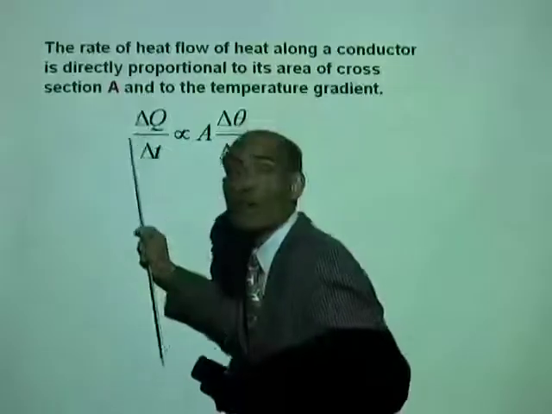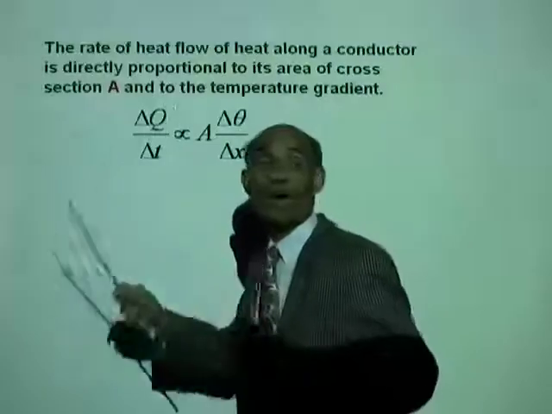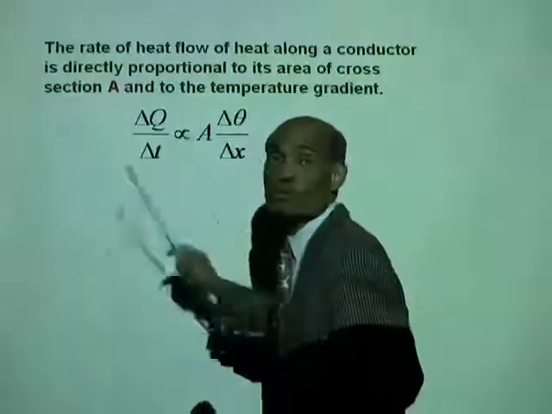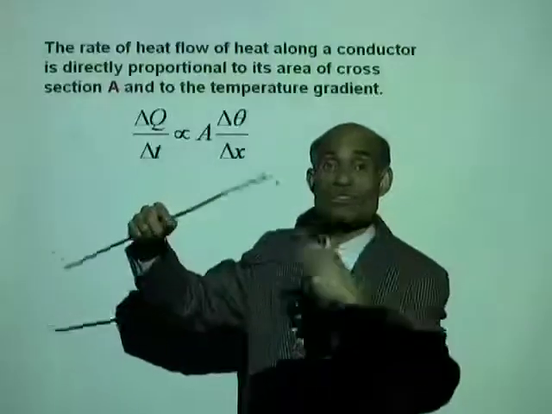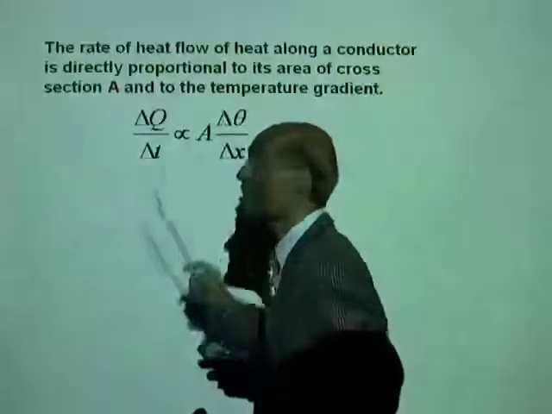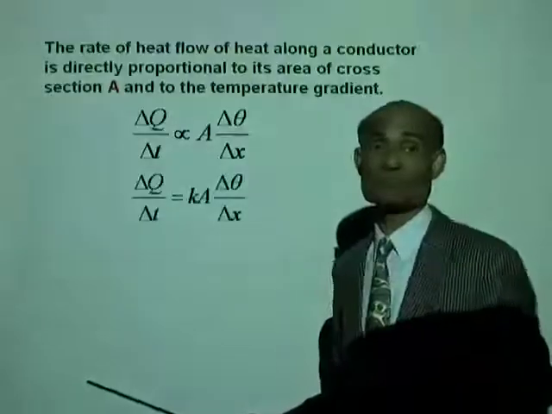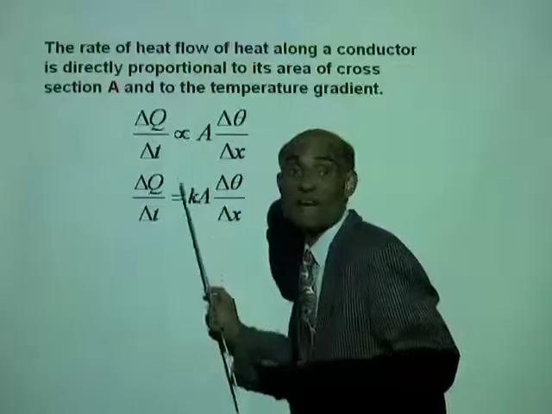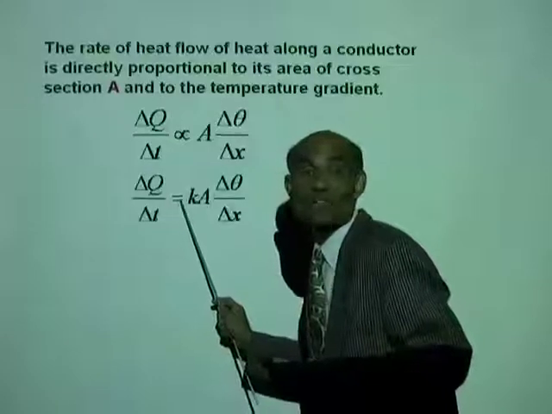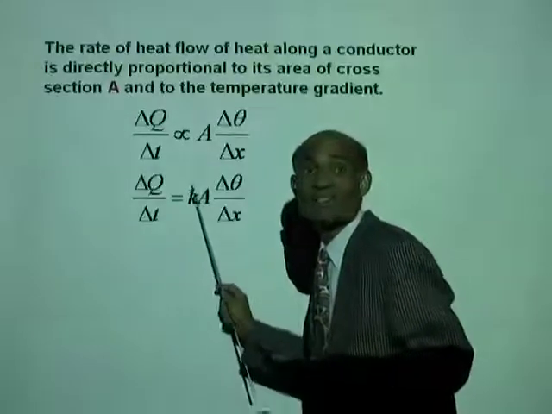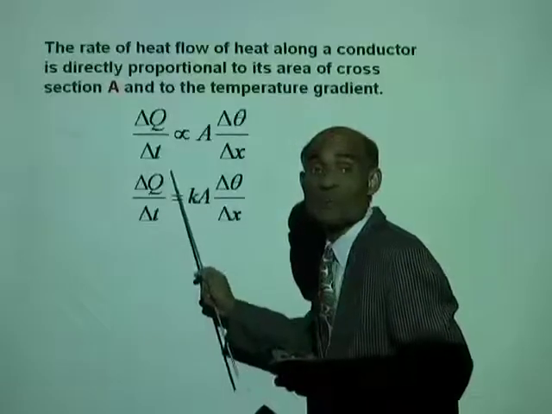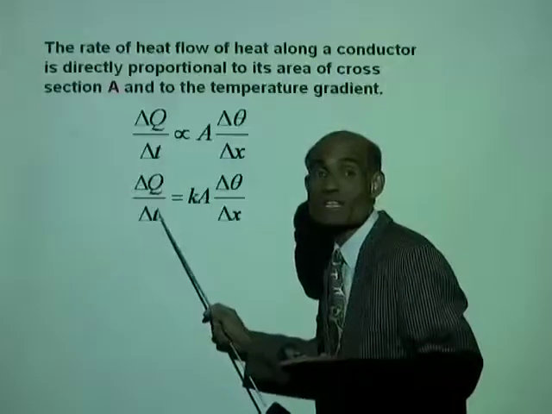The rate of flow of heat, called the thermal current, is directly proportional to the area of cross-section and the temperature gradient. Now that means I can replace the proportionality sign by using an equal sign, adding a constant. So delta Q by delta T, what did we say we call this quantity?